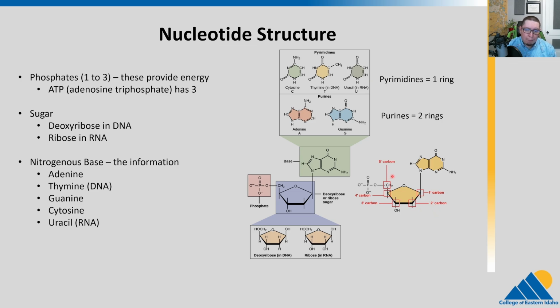Why do I point it out? Well, the 5' carbon and the 3' carbon are going to be really important to replicating DNA. We will find that new DNA nucleotides can only be added onto the growing chain on this 3' end. So DNA strands will grow in what we call a 5' to 3' manner.